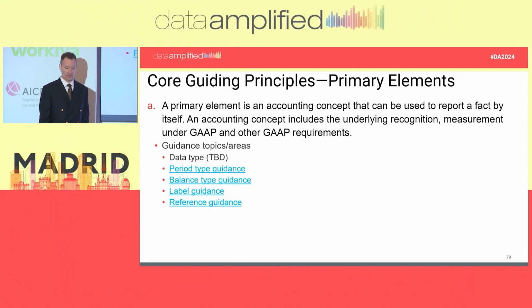We've put out guidance assisting our taxonomy team members with picking the appropriate period type for the element, debit or credit, which modeling perspective you should choose, how to structure and write labels, what information should be included within those, and also guidance on providing references to the codification in there.